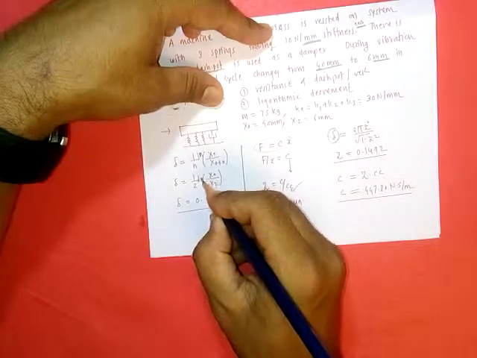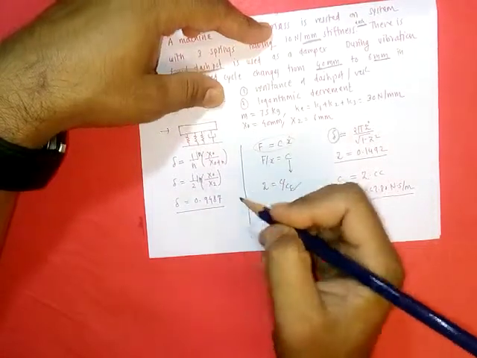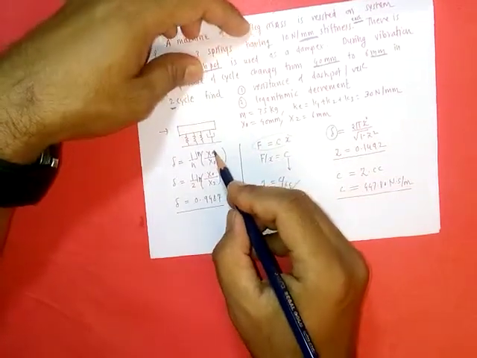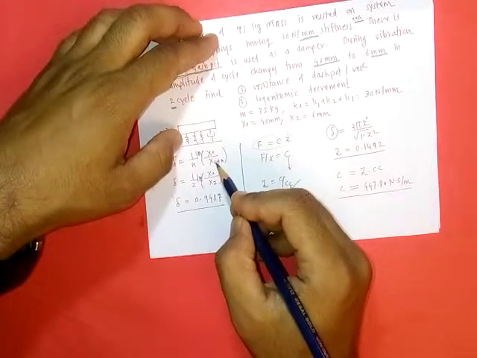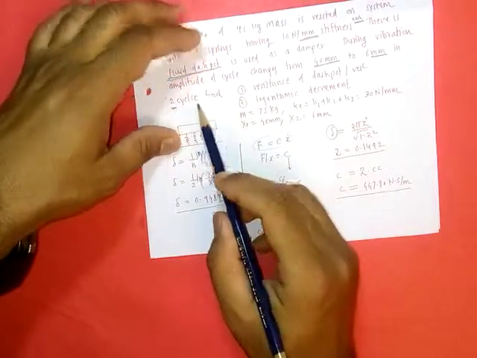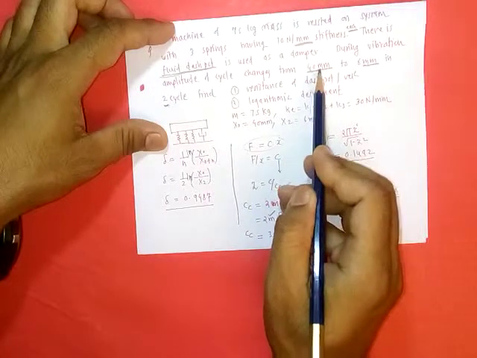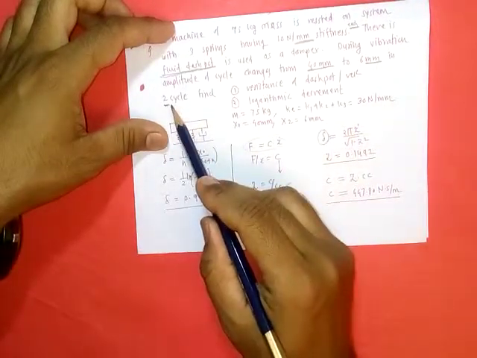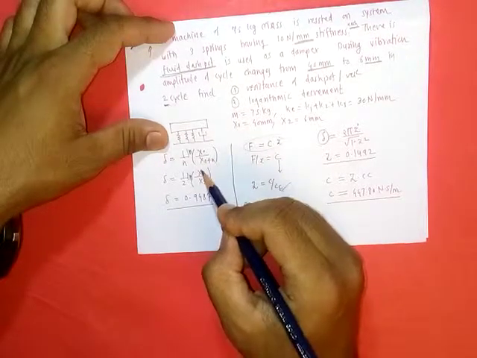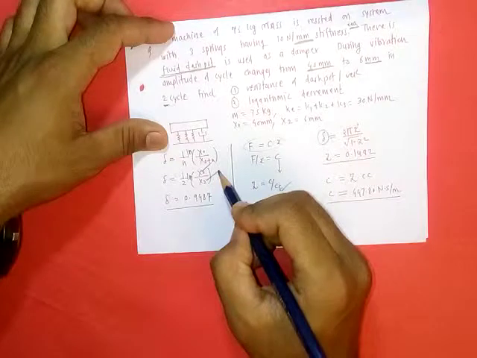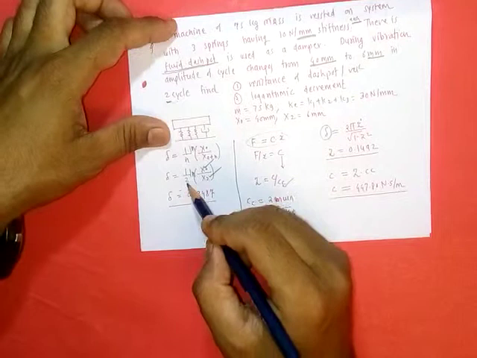Here delta is equal to 1 by 2 ln x naught upon x2. So here x naught is given and x naught plus n. The amplitude after 2 cycles is given, that is, the amplitude changes from 40 mm to 6 mm in 2 cycles, that means n is here 2. So putting values, x naught is 40 mm, x is 6 mm, and its ln and its half.